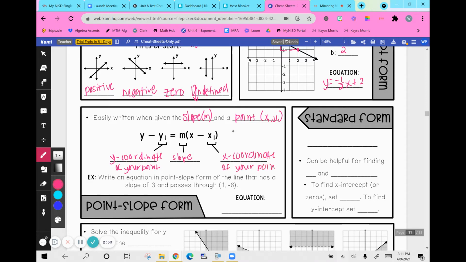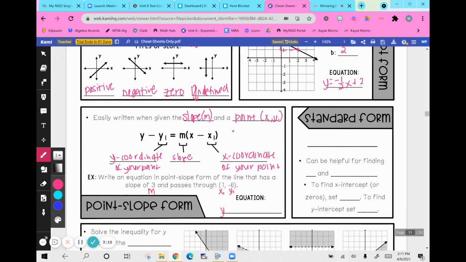Okay, and then it says, write an equation in point slope form of the line that has a slope of 3 and passes through 1 and negative 6. So the first thing I'm always going to do before I start anything is I'm going to label my slope and my point. So my slope is m, so it's 3, and then 1 is going to be my x value, so that's x sub 1, and my y value is going to be y sub 1.